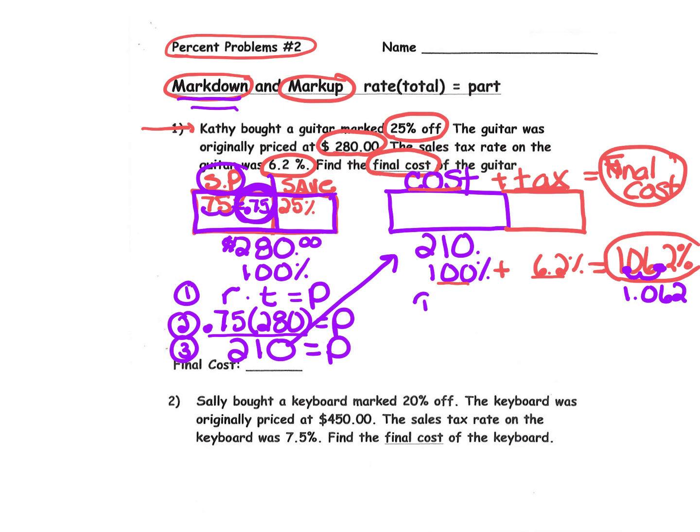Let's write down our formula. R times T equals P. And we are going to calculate the final cost. Step 2. 1.062 times the sale price of the guitar, $210.